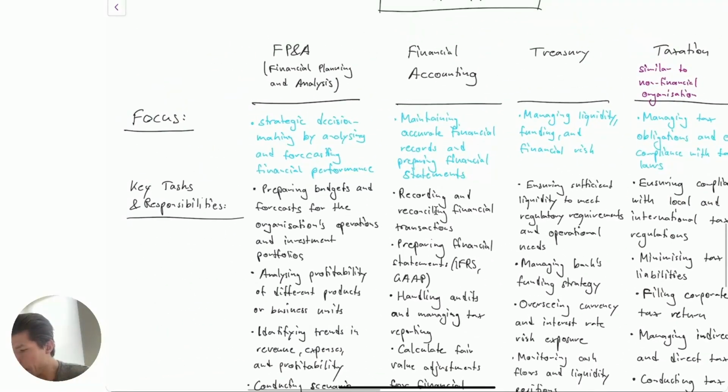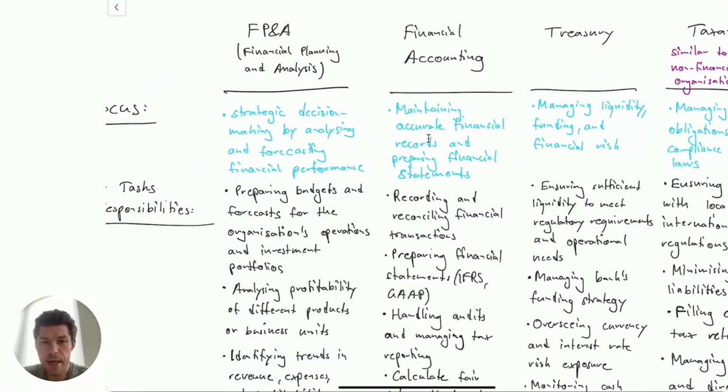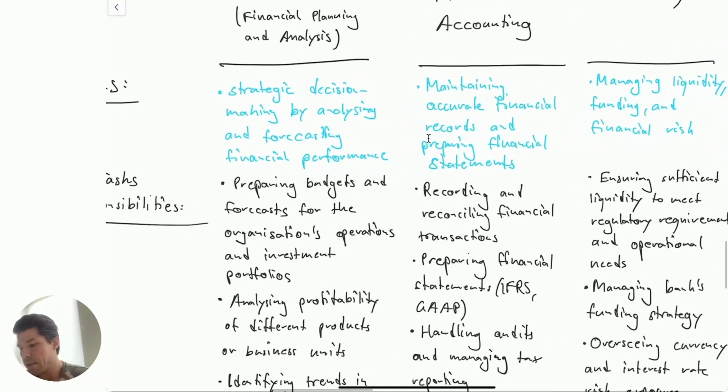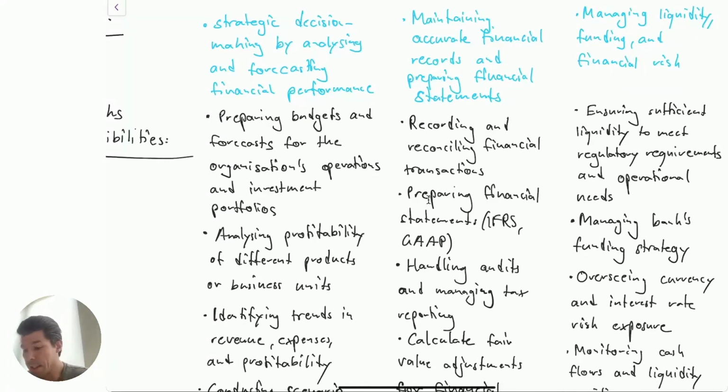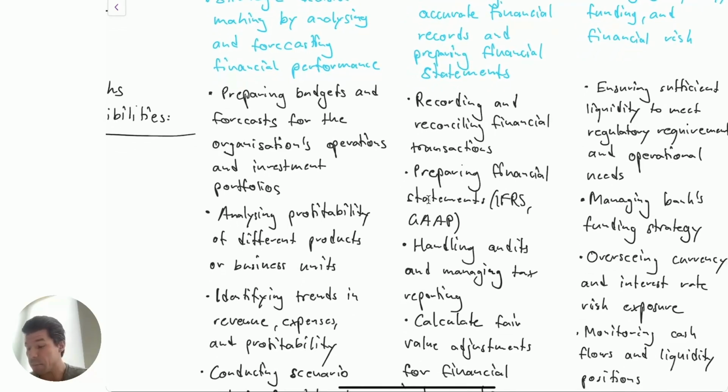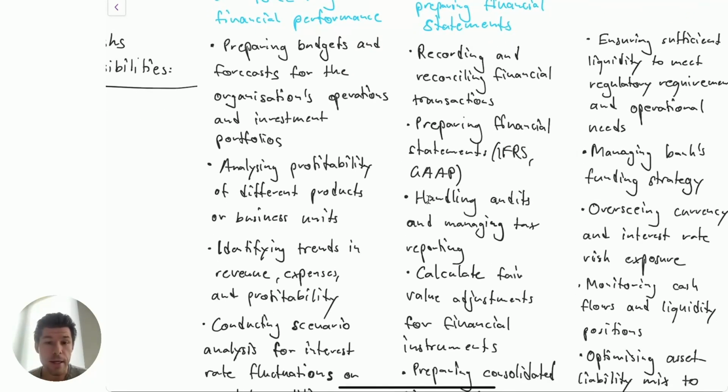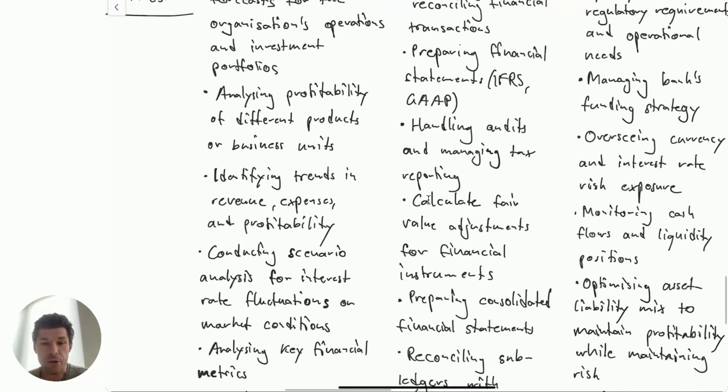Let me just go back to the first ones, FP&A, in case you have not watched the other videos. Again, strategic decision making by analysis and forecasting of financial performance. Similar to a non-financial organization, it prepares budgets and forecasts for the organization's operations, and here especially investment portfolios. It would analyze the profitability of different financial products or business units, loans, investments, insurance policies, identifying trends and so on.